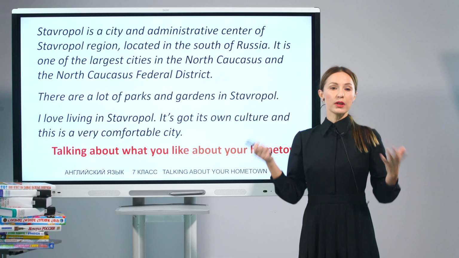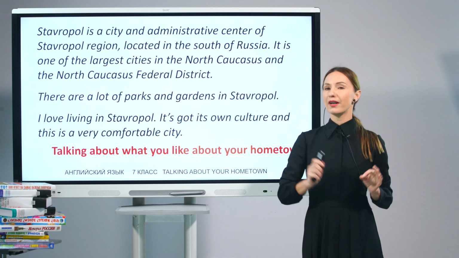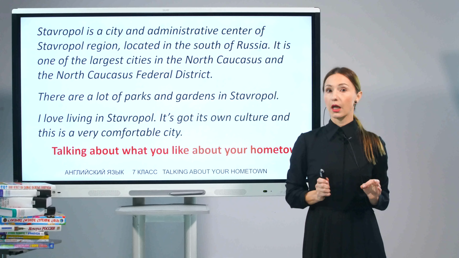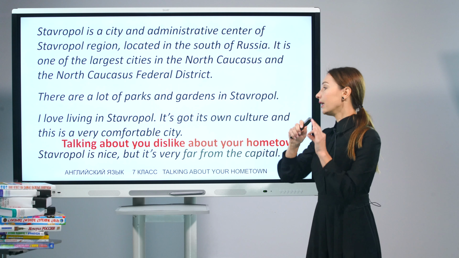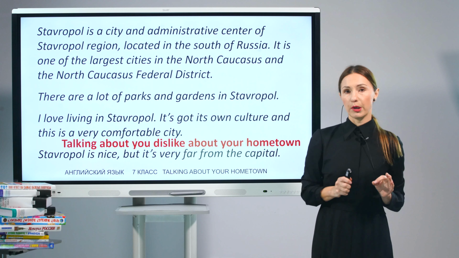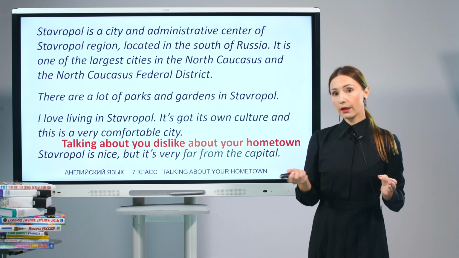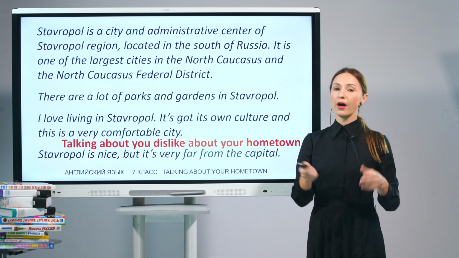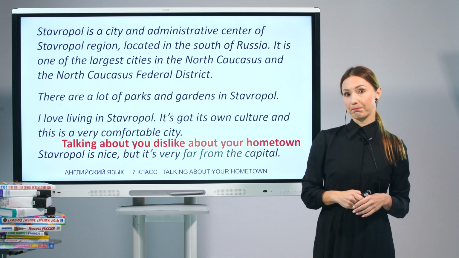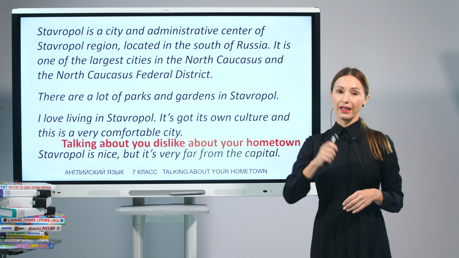It's got its own culture and this is a very comfortable city. And I finish by saying something I dislike about my hometown. In my example, Stavropol is nice, but it's very far from the capital. Is it clear? Okay, guys.